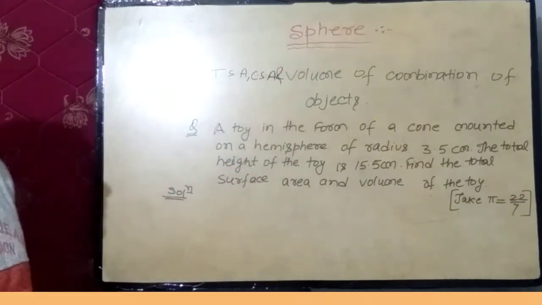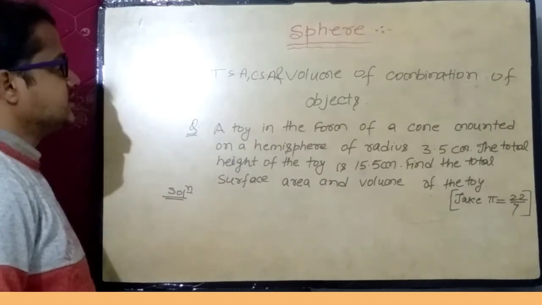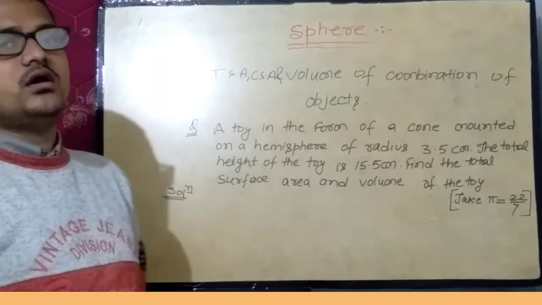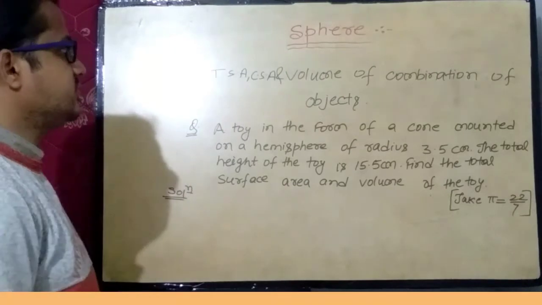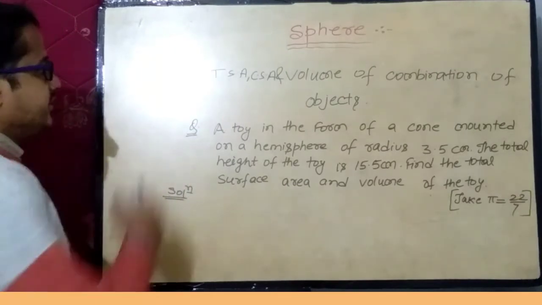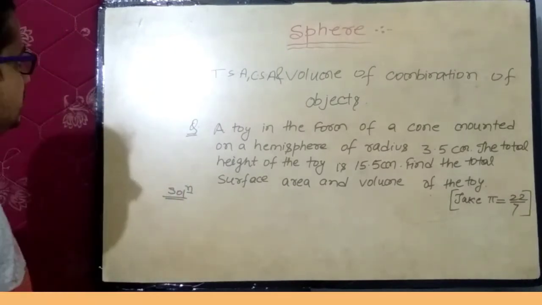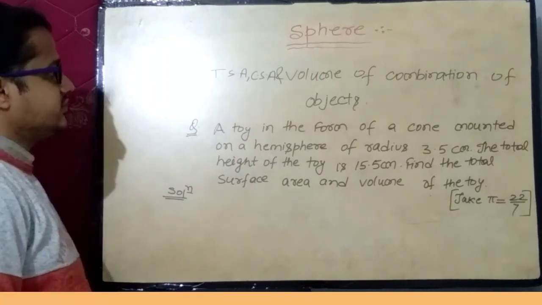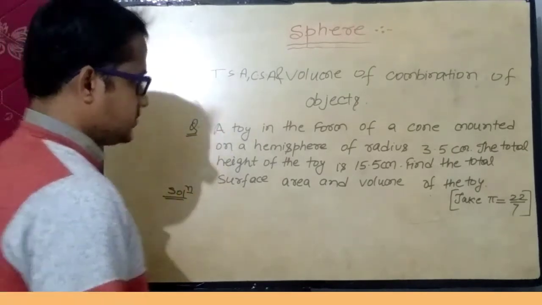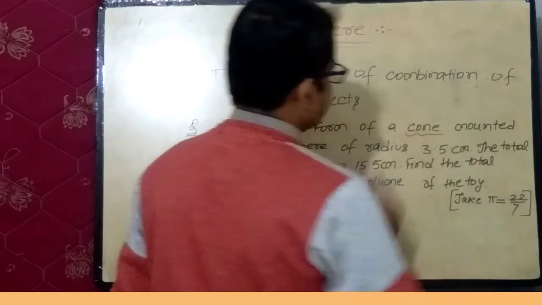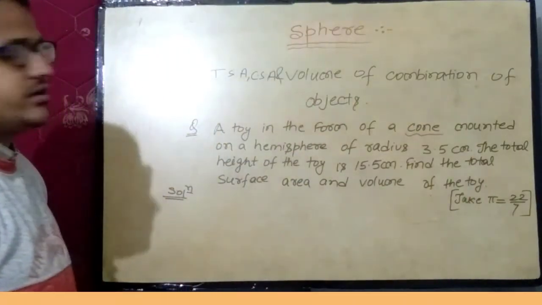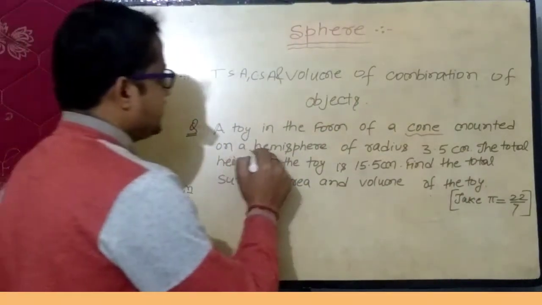Next topic I am explaining with the help of a question, which is TSA, CSA and volume of combination of objects. Read this question carefully. A toy in the form of a cone. There is a toy which is in the form of a cone mounted on a hemisphere.